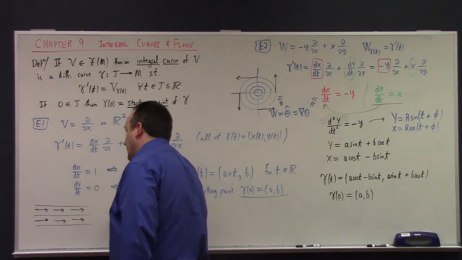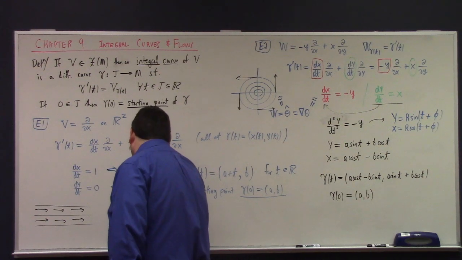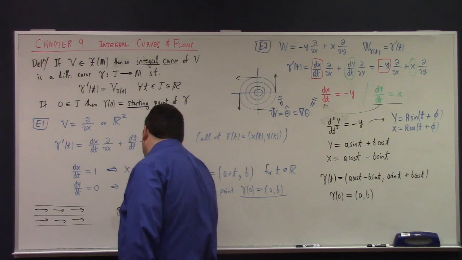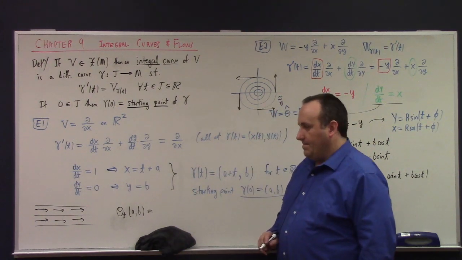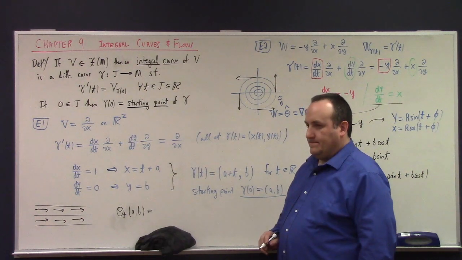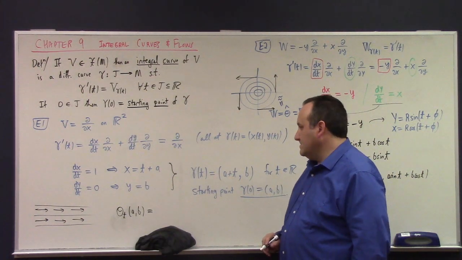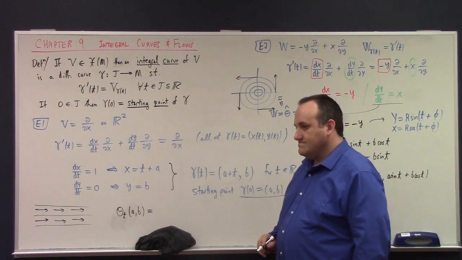So theta sub t on the point (a, b) equals what?